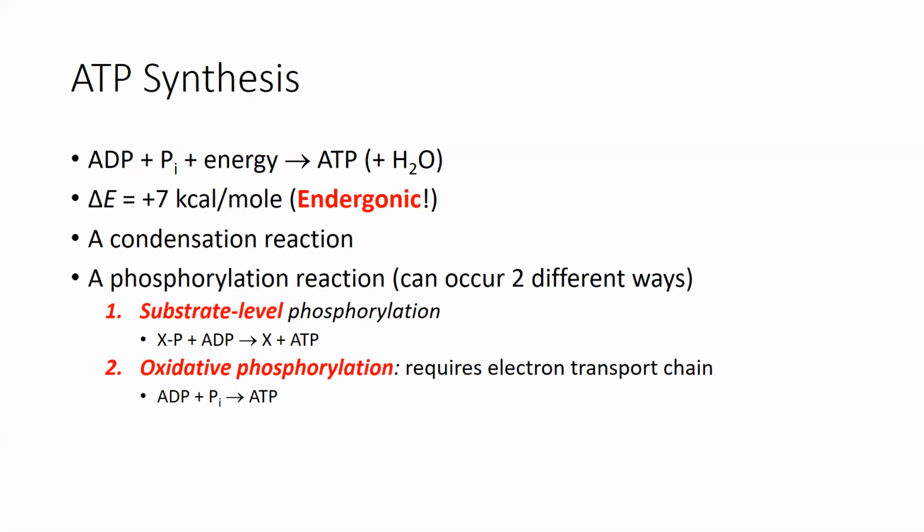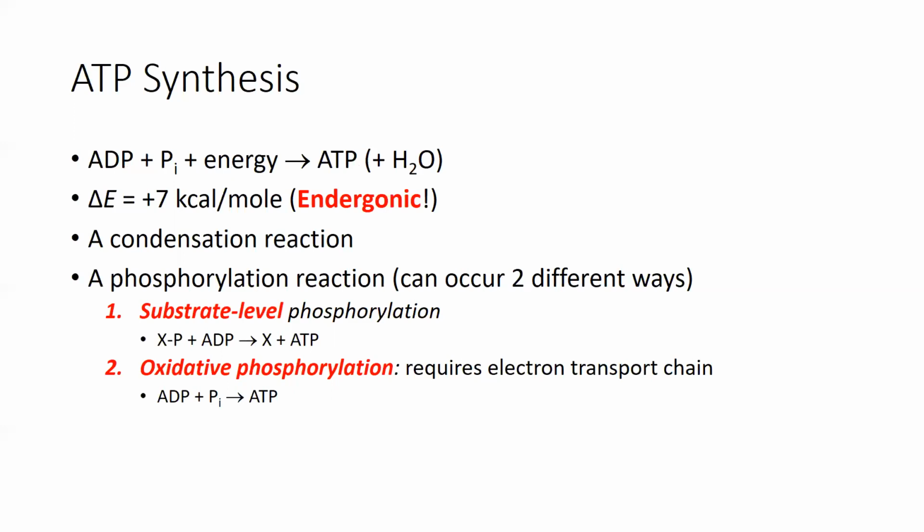Substrate level phosphorylation, and this is basically taking a phosphate from another molecule. So there's some other molecule in the cell. Let's call it molecule X, and it's bound to that phosphate. And we're basically going to take it off of the phosphate and add it to ADP. We're going to make ATP, and we're going to have the other molecule without the phosphate.